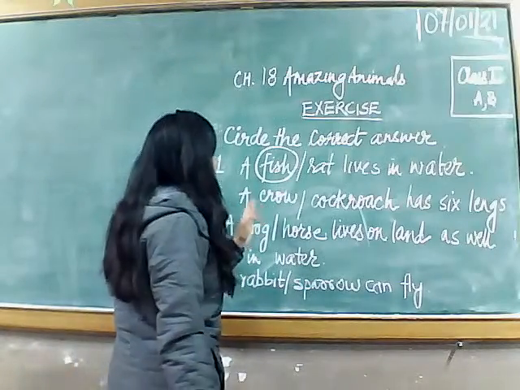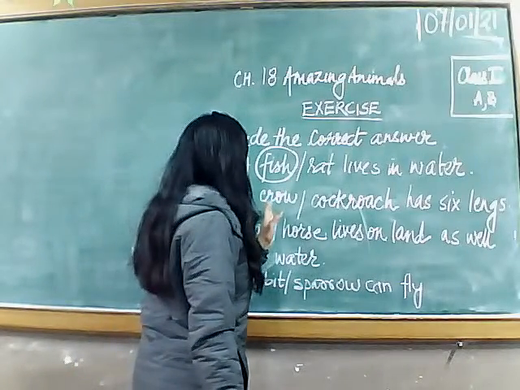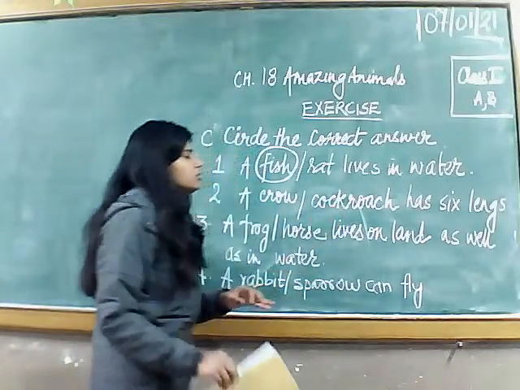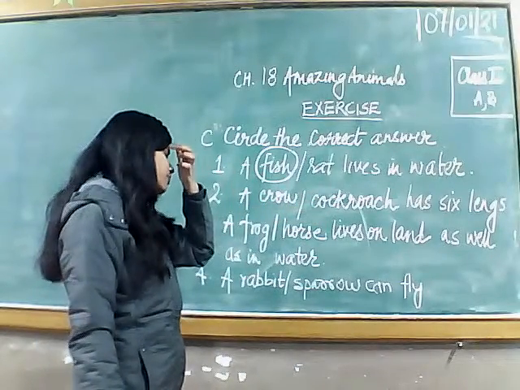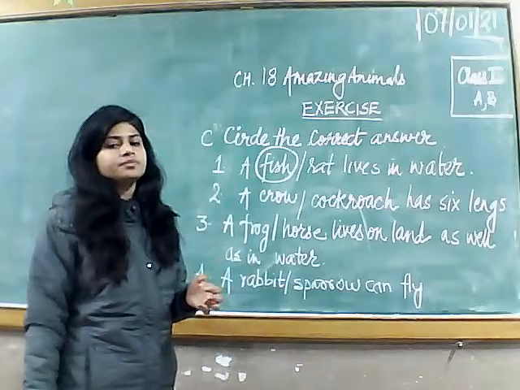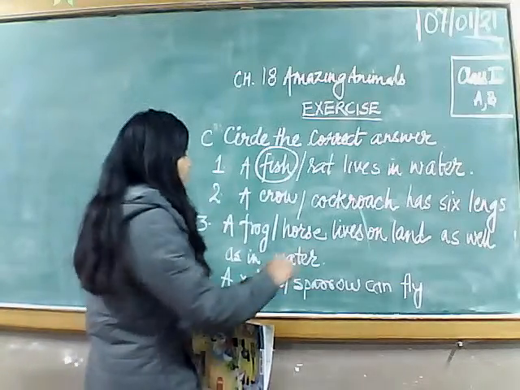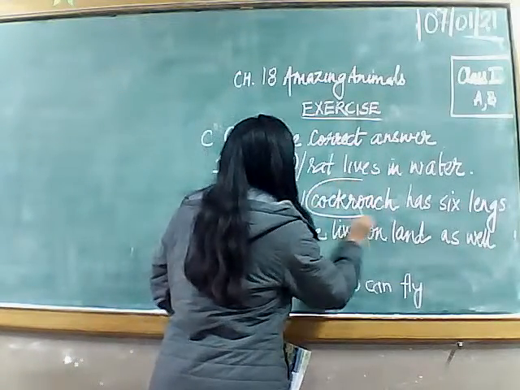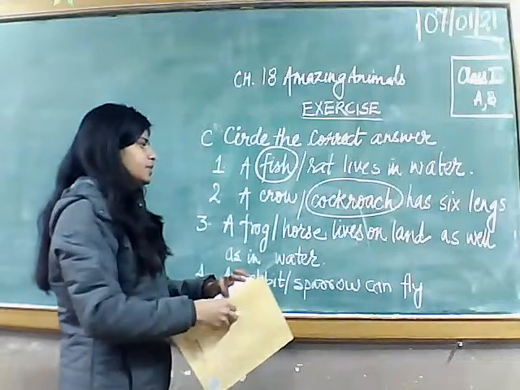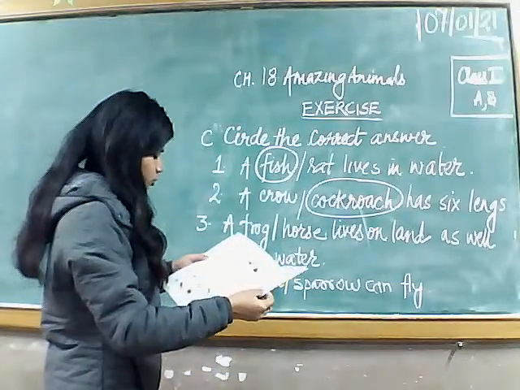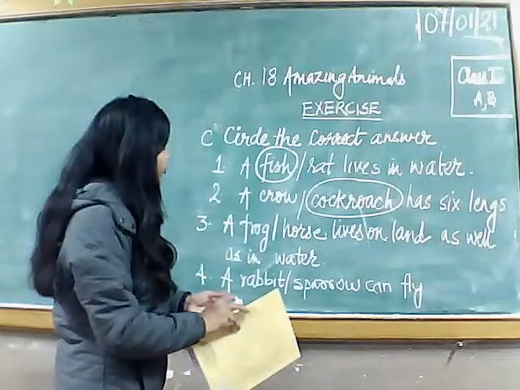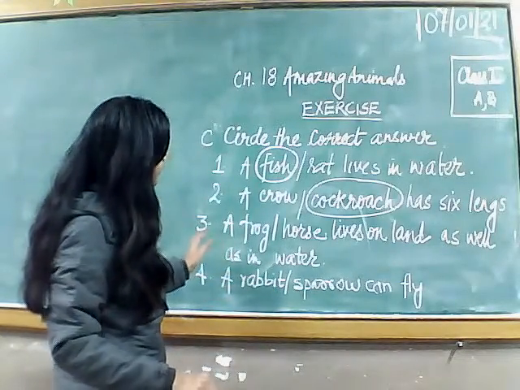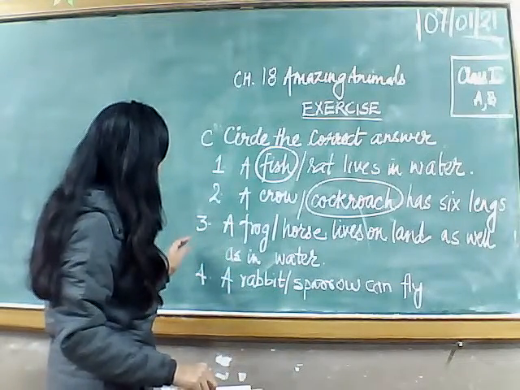And can you identify which is an insect? Crow or cockroach? That will be the answer for this question. Yes, Nihil says it is cockroach. So let us circle cockroach.